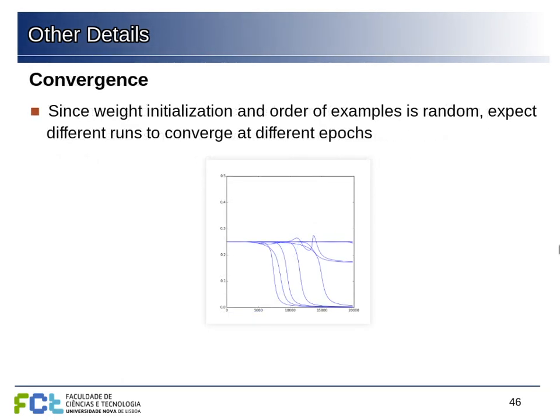Since we initialize the weights at random, when we train the same network on the same data different times, since the weights are initialized at random and the examples are presented at random, we can have different trajectories. So sometimes the network learns what we want earlier, other times it can take longer. So remember that this is not deterministic, so it may vary a bit from run to run.